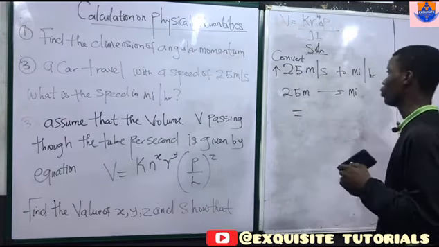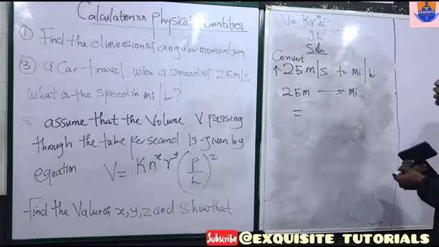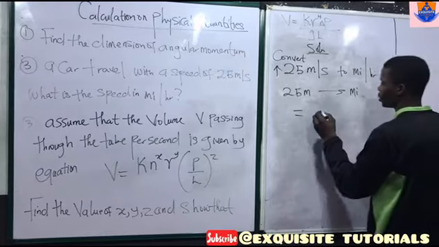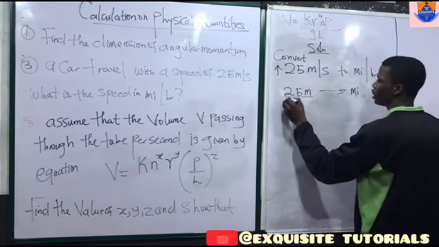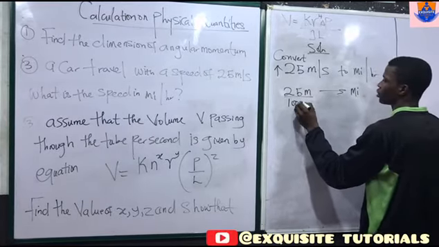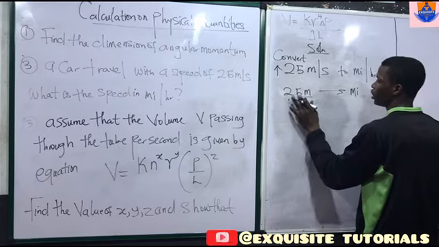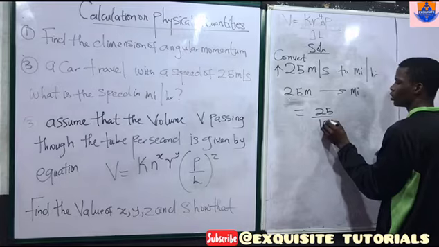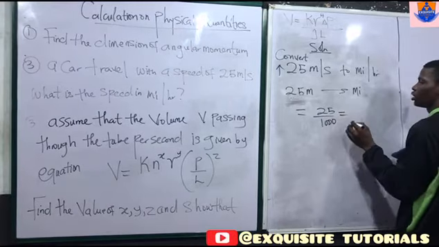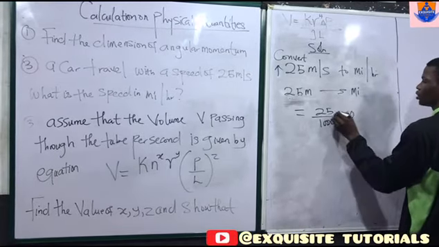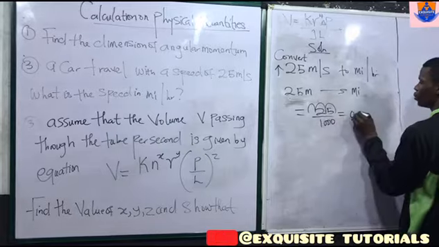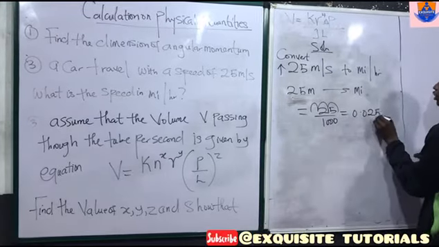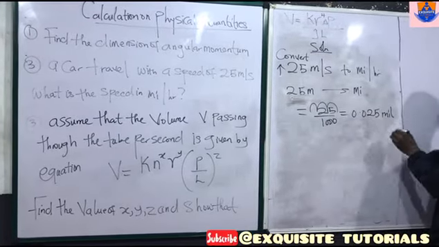So how can I convert my meter to kilometer? I will divide by 1000. So it will now be 25 divided by 1000. That will give us 0.025.